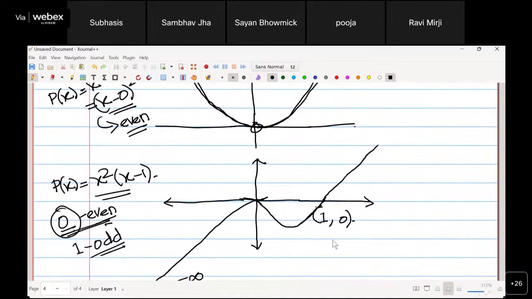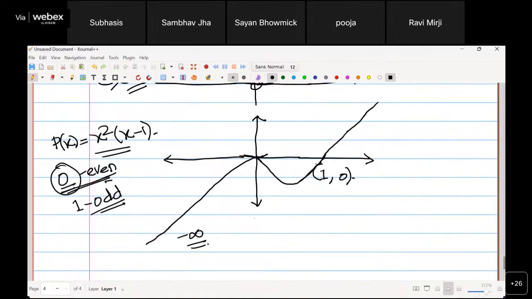For this case, if x tends to minus infinity, then p of x tends to minus infinity. So that's why this graph will come from this direction. The graph cannot come from the other direction. So initially we made a mistake.